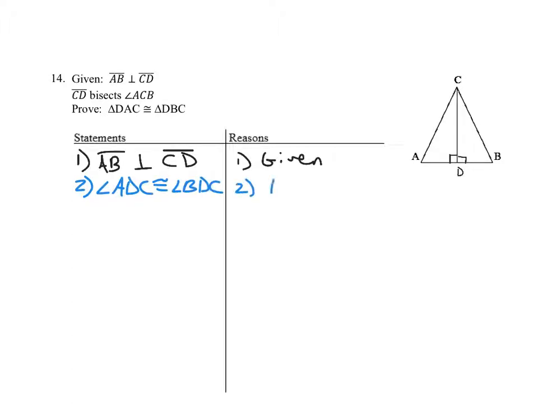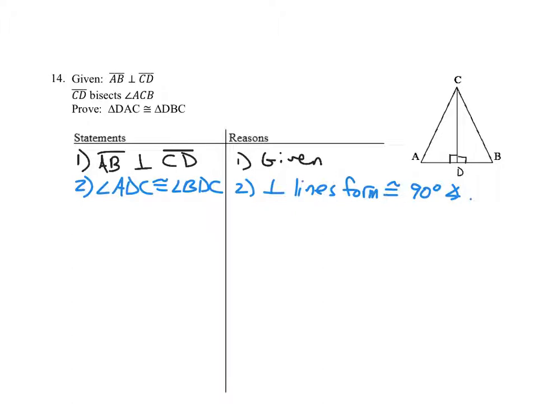And that's because perpendicular lines form, got to throw the word congruent in there, congruent 90-degree angles. Now, you might say, well, that seems extraneous.